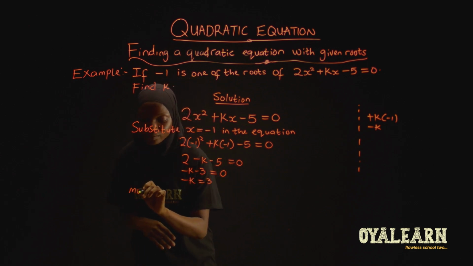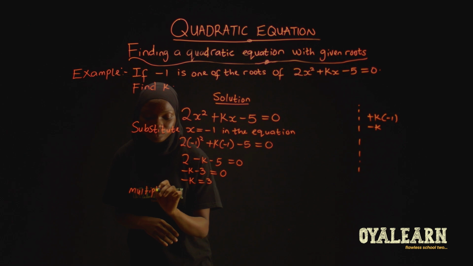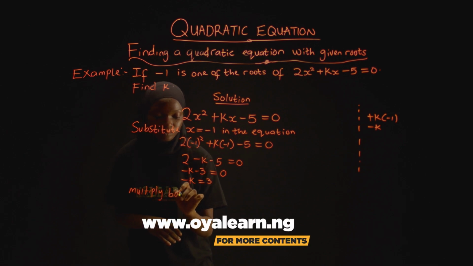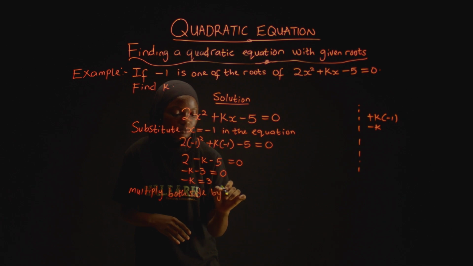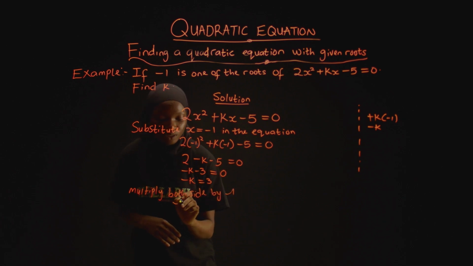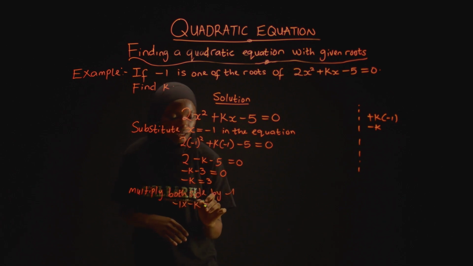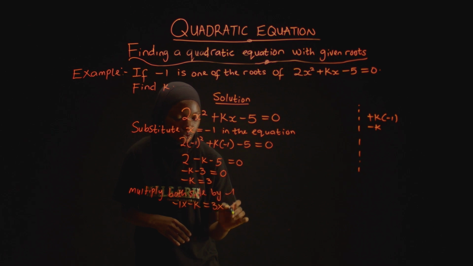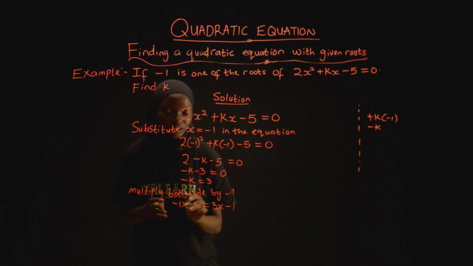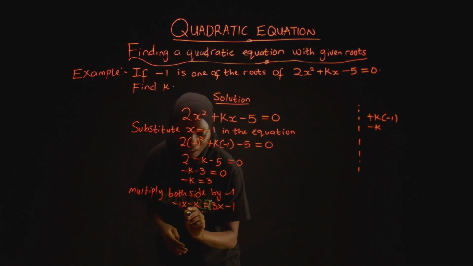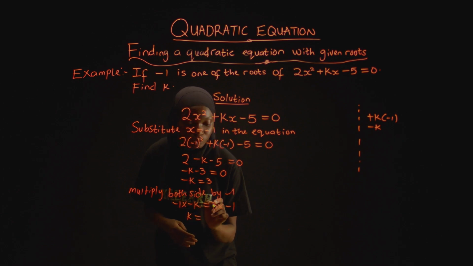So multiply. So we have minus 1 times minus k equals 3 times minus 1. Minus times minus plus, 1 times k, 1k, which is the same thing as just having k equal to 3 times minus 1, minus 3.